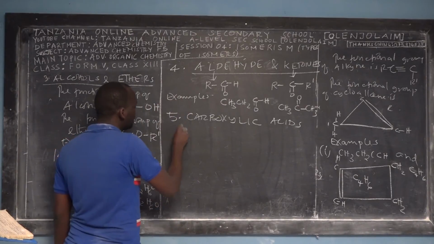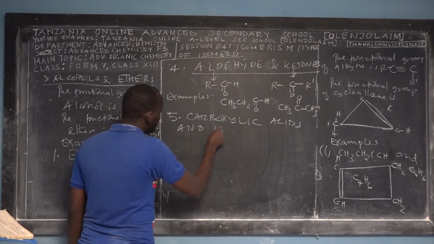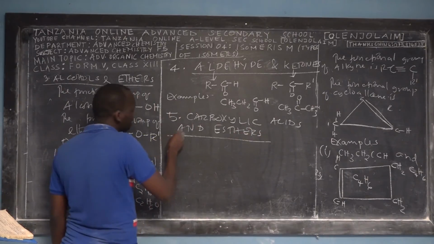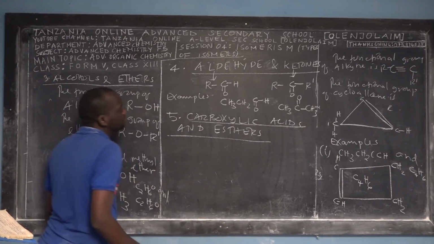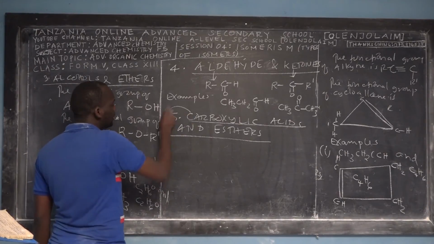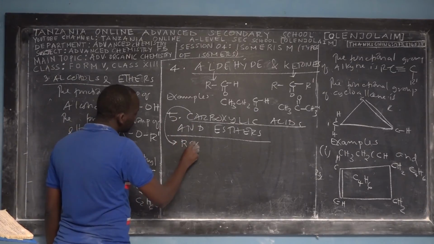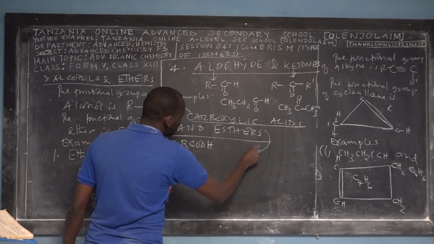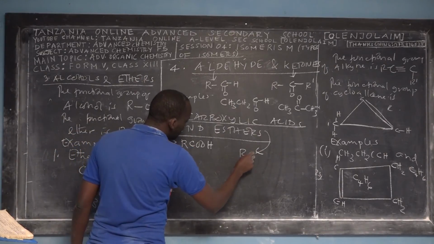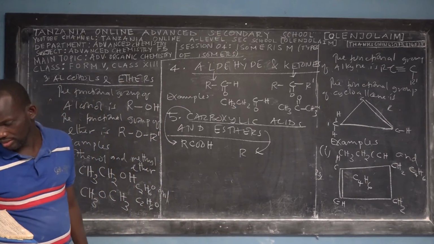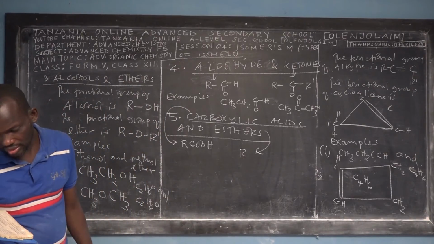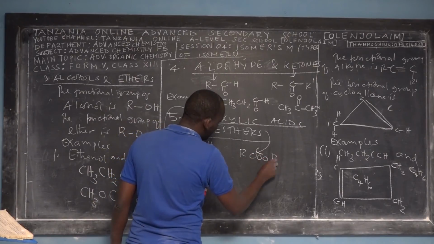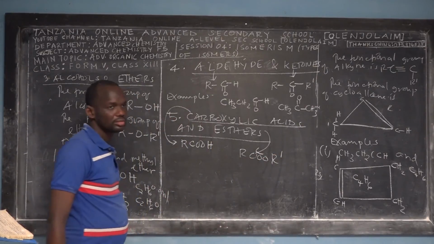Carboxylic acid and the esters, not ethers, esters. The functional group for carboxylic acid is RCOOH. The functional group for esters is RCOOR', right?